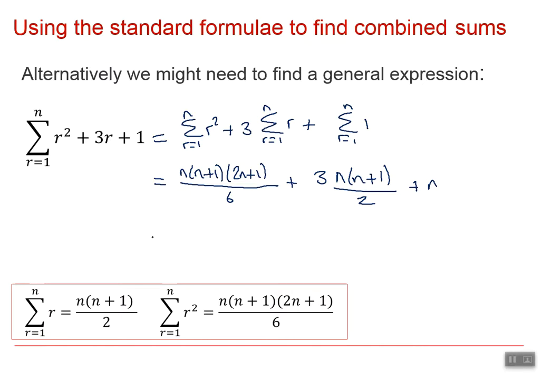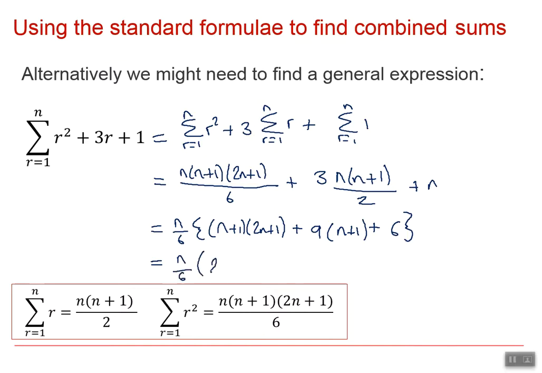So now we need to do some algebraic manipulation. I'm going to take out a common factor of n over 6, n plus 1, 2n plus 1, plus 9 times n plus 1, plus 6. And then when we simplify this further, we've got n over 6 times 2n squared plus 12n plus 16.